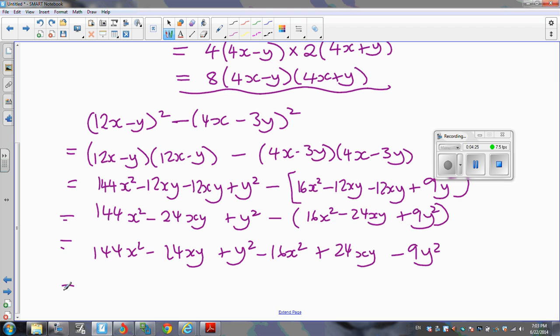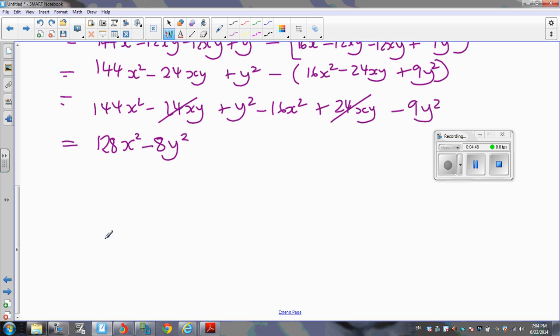If we keep going, I can see that the minus 24xy and the plus 24xy cancel each other out. I've then got 144x squared minus 16x squared, that comes out as 128x squared, and then y squared minus 9y squared is minus 8y squared.